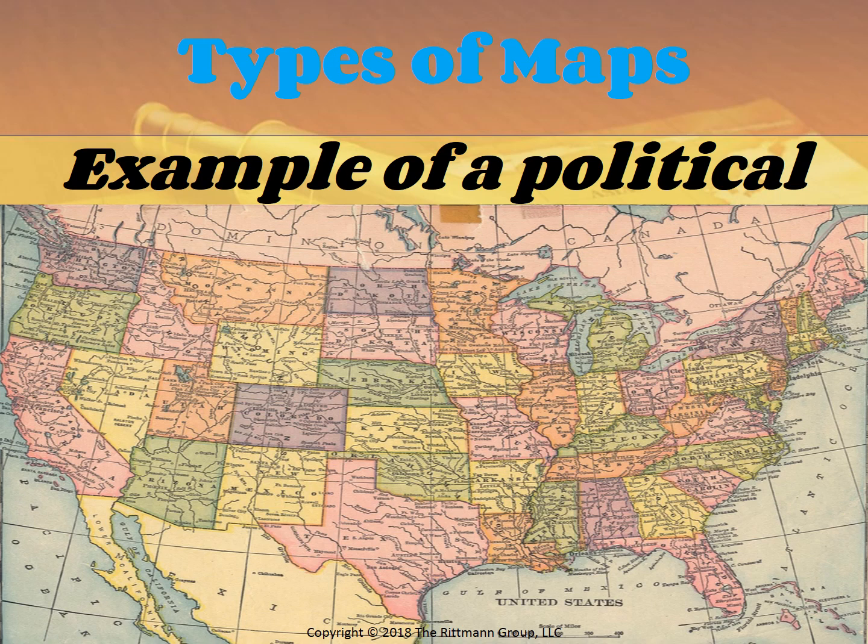Here is a great example of a political map. This is the most common political map that you guys will be looking at this year in U.S. history. This political map shows the states and the cities in that state. And you see all the borders around each state.